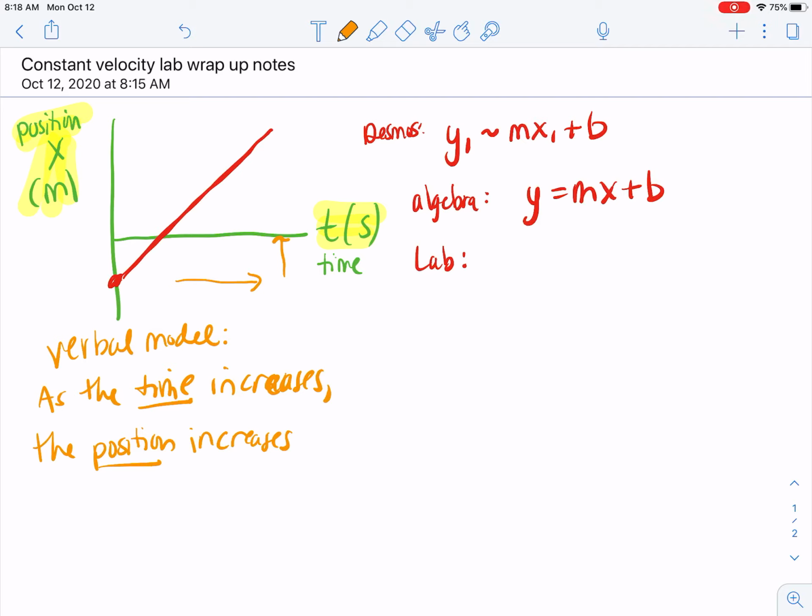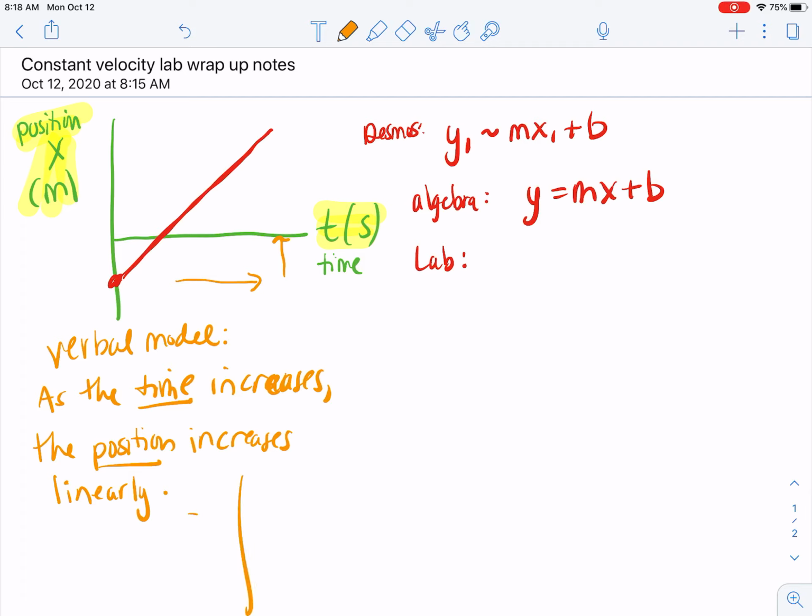We can't say proportionally, which we'll get into later about why that's not right in this case. As the time increases, the position increases. I'm just going to say linearly, I guess is probably good enough, because I'm trying to note that the shape of this is a line. So as the time increases, the position increases linearly.